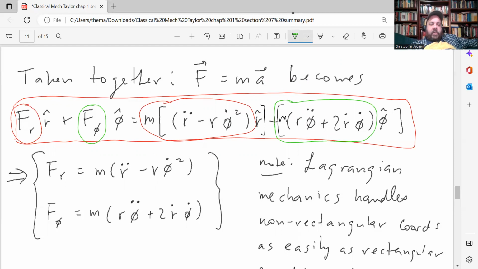So that gives you a system of differential equations that we have written down here. Notice that this is a much more complicated looking system of differential equations than for Cartesian coordinates. Most notably, notice you get some nonlinear terms, which can make things a bit nasty.